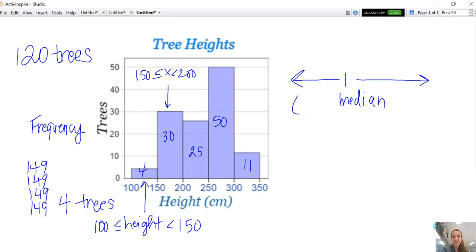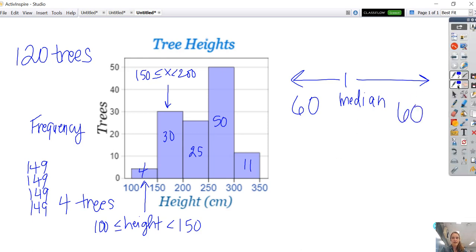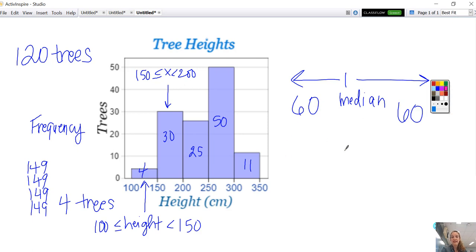So there are 60 trees that are shorter than the median, and there are going to be 60 trees that are taller than the median. So I am going to go figure out which bin is the 61st tree, because my median is going to be in between the 60th and the 61st tree.